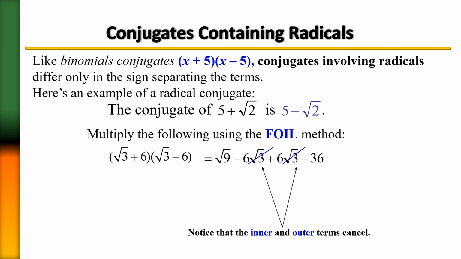Once we solve the square root of 9, square root of 9 is 3. 3 minus 36, and that last term there in the back. Combine those two whole integers, and what you have is negative 33, and that's your answer. You're done at that point. So we've multiplied conjugates using the FOIL method, but in this method we only really need to do the F and the L, so keep that in mind when you're multiplying conjugates.